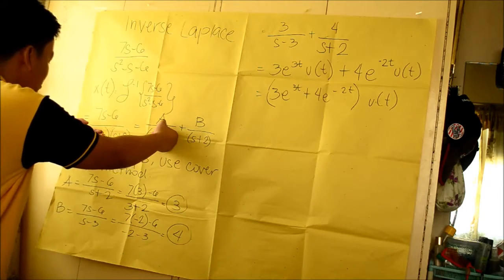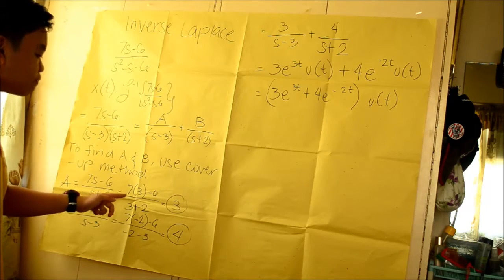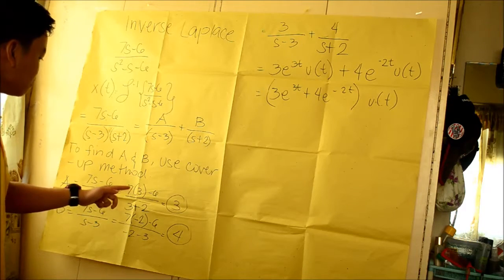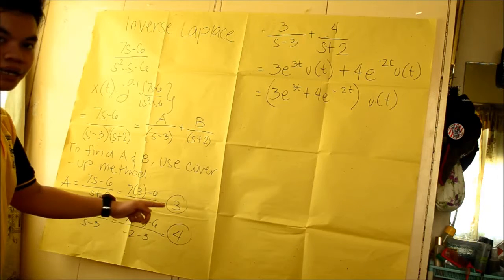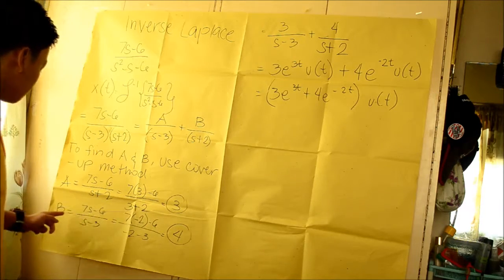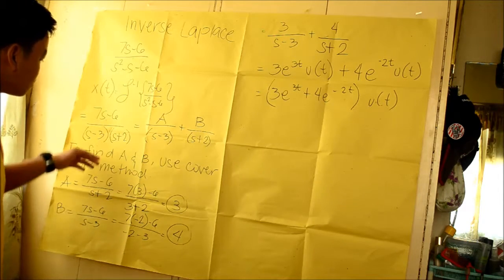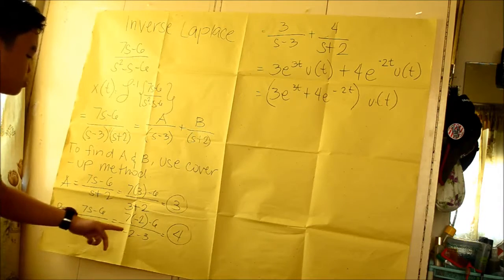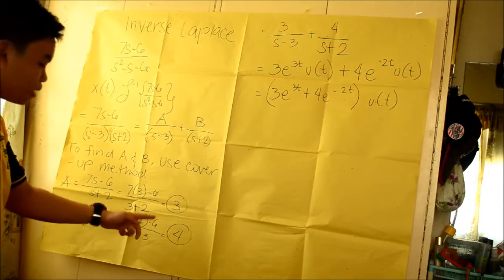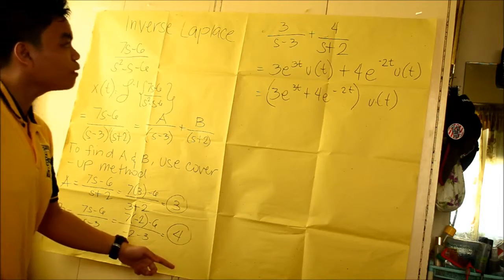So, we have 7s minus 6 over s plus 2, which is equal to 7 times 3 minus 6 over 3 plus 2. This is equal to 3. For b, 7s minus 6 over s minus 3 equals 7 times negative 2 minus 6 over negative 2 minus 3, which is equal to 4.